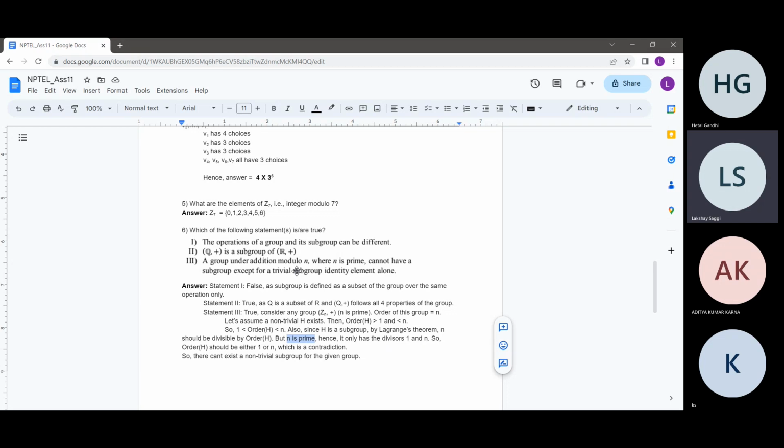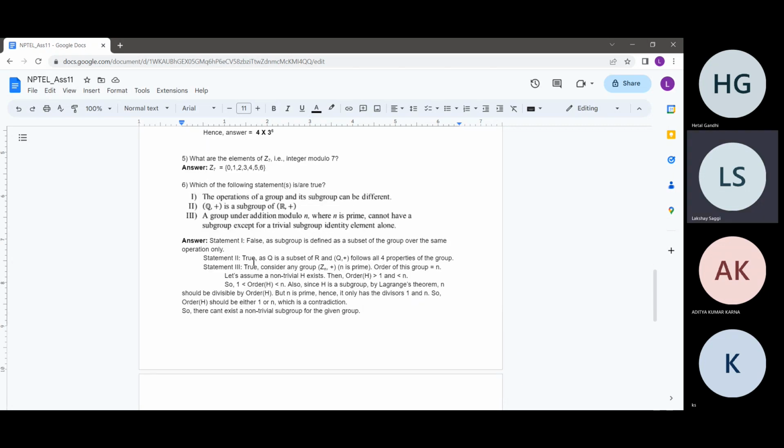For any group containing a prime number of elements, if the order of the group is prime, then there can't exist a non-trivial subgroup. So this is a general statement, not just for a group under addition modulo n. It is a general statement that for a group whose order is prime, there can't exist a non-trivial subgroup. I hope you guys understand what I'm trying to say.